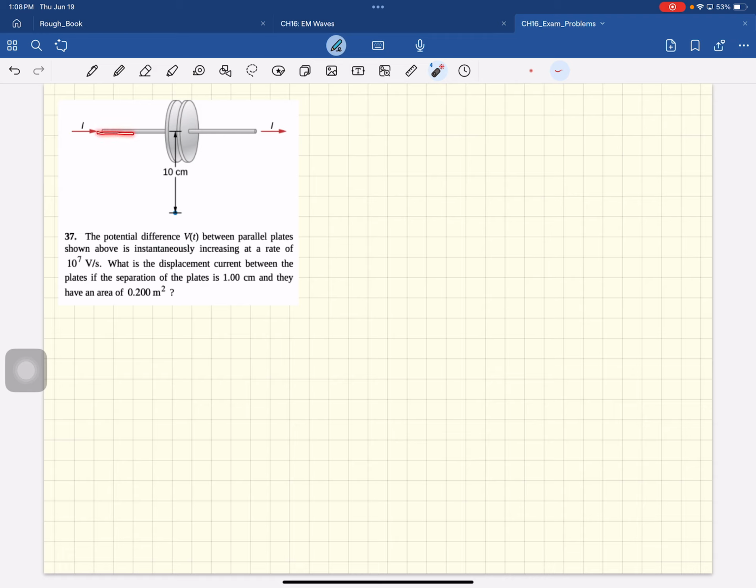This is a real current in the wire. What is it doing? It's charging the capacitor and it's producing this electric field. And it turns out that electric field is acting like a current, and that current will be exactly equal to this current. What is this current doing? It's producing magnetic fields like that, and this changing electric field is producing magnetic fields exactly like that.